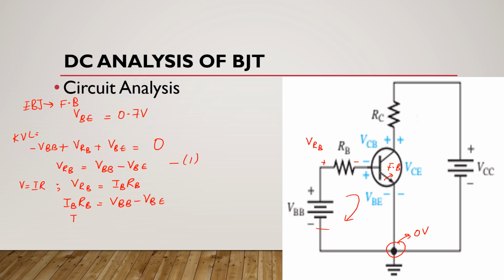So the base current will be VBB minus VBE divided by RB. So this is the equation of DC base current for this circuit.